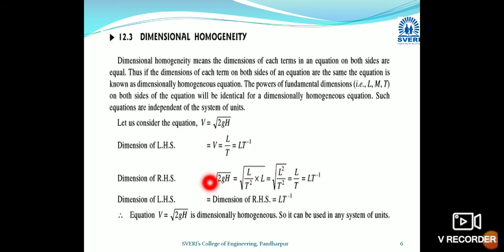On the RHS, square root of 2gh: 2 is a constant with no dimension, g is acceleration, L upon T square, and h is L. So square root of L square divided by T square, which is L by T, that is L T raised to minus 1. So the dimensions of LHS are L T raised to minus 1, and the dimensions of RHS are also L T raised to minus 1. These fundamental dimension powers are equal at both sides, therefore this equation is called a dimensionally homogeneous equation, and the property is called dimensional homogeneity.